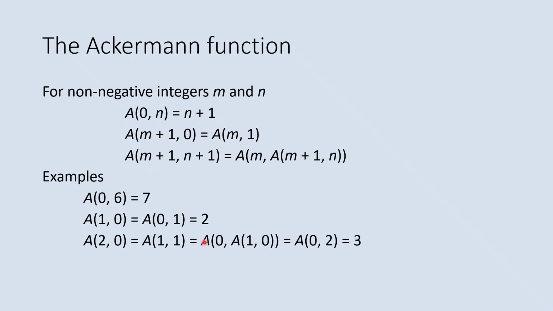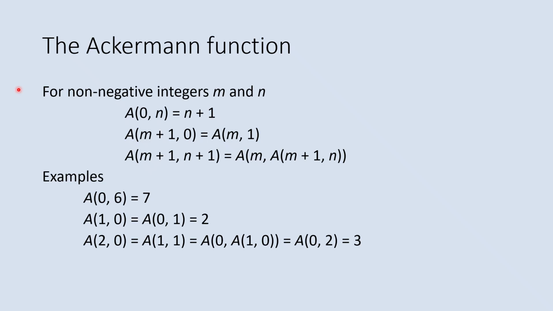So we have A of then all of this situation. Well, the A of 1, 0 we just calculated was 2, so this becomes A of 0, 2. And A of 0, 2 fits into the first row, and that output is 3.